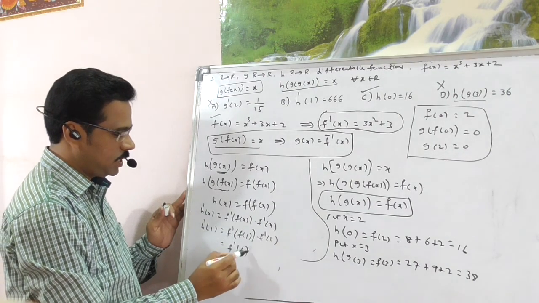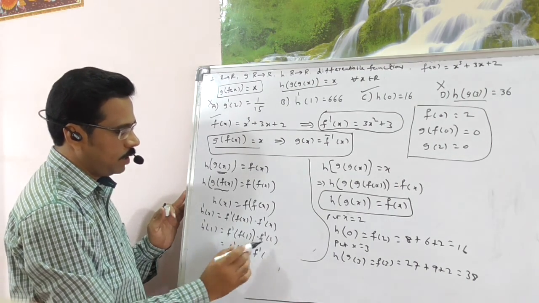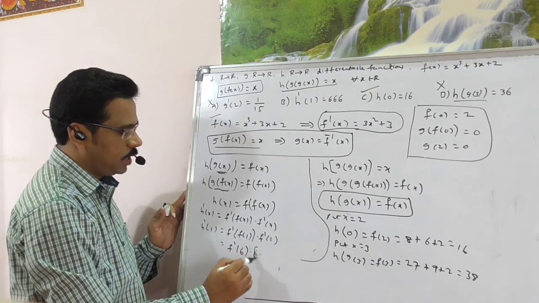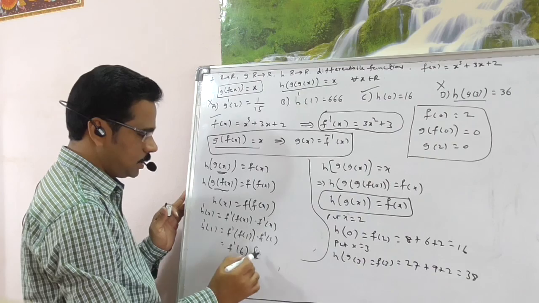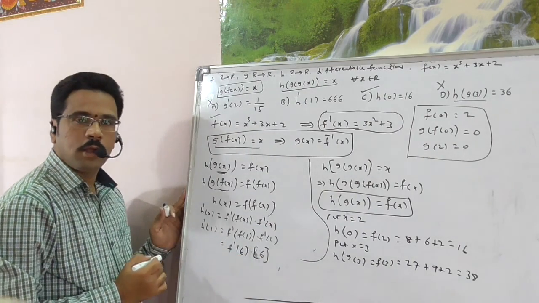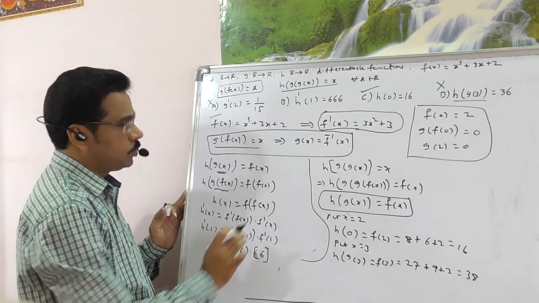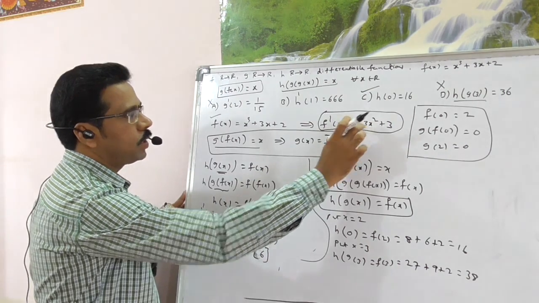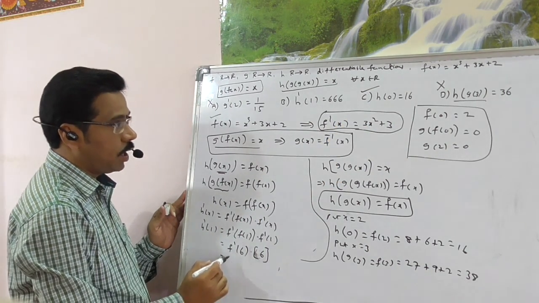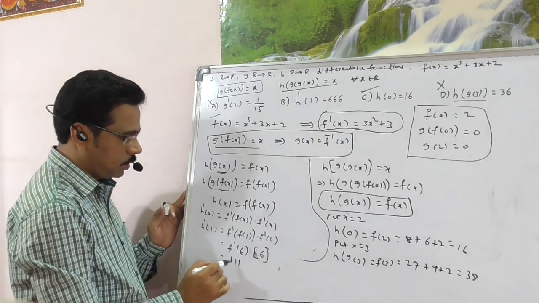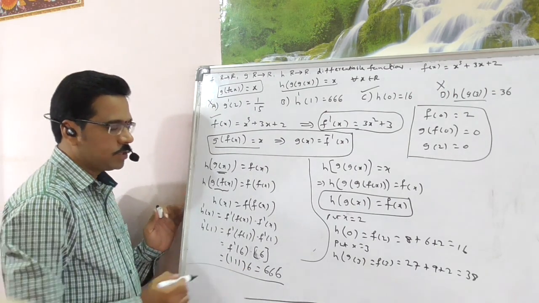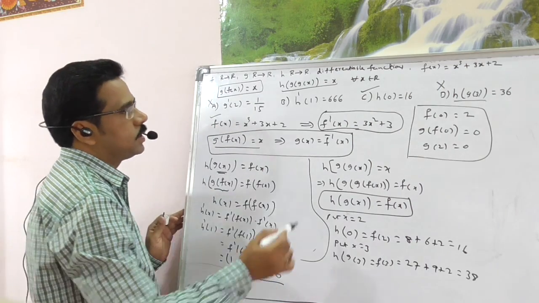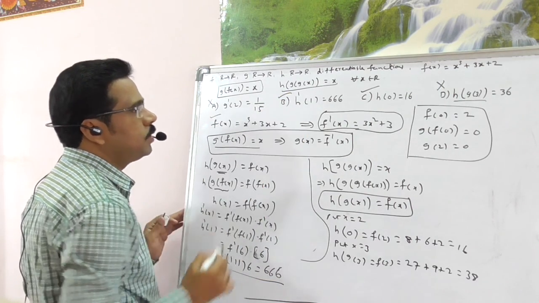So it is f dash of 6 into f dash of 1. What is f dash of 1? Put x equal to 1: 3 plus 3 is 6. Now f dash of 6: substitute x equals 6, 3 into 36 is 108, plus 3 is 111. 111 times 6 is equal to 666. Now the h dash 1 value is 666, therefore option B is also correct.